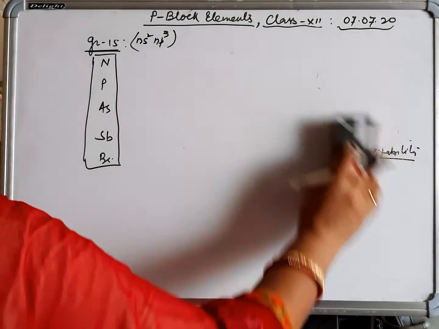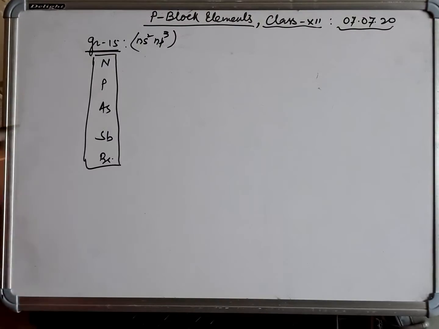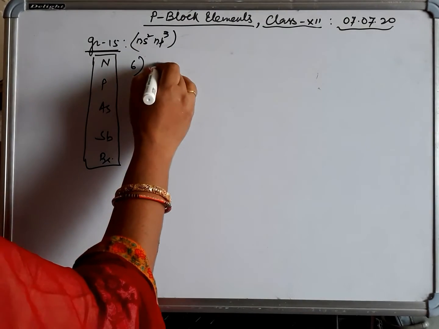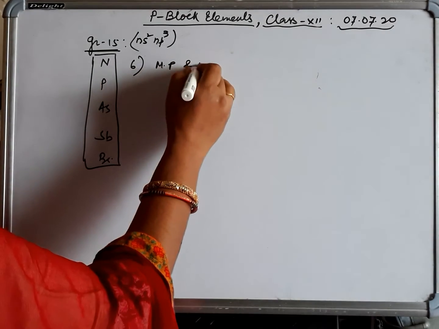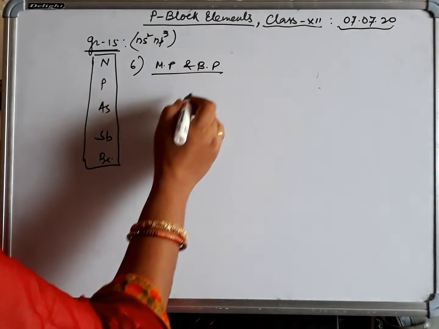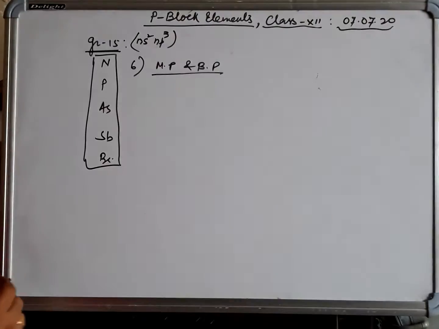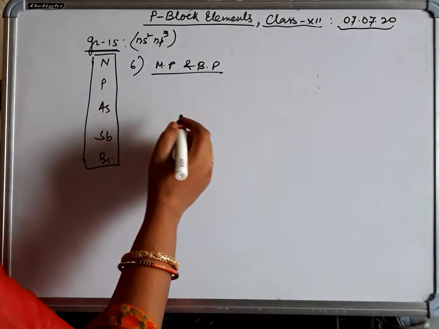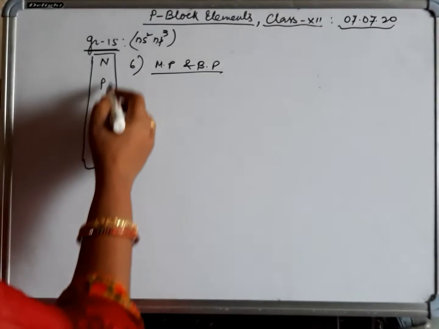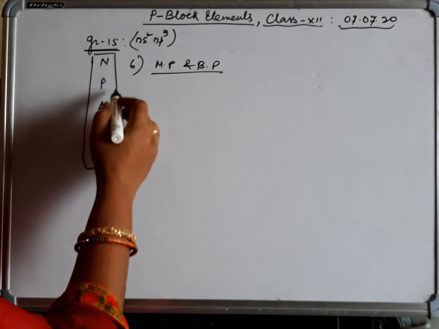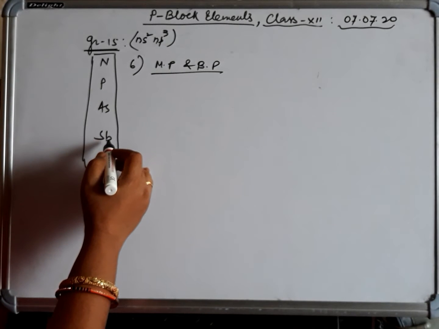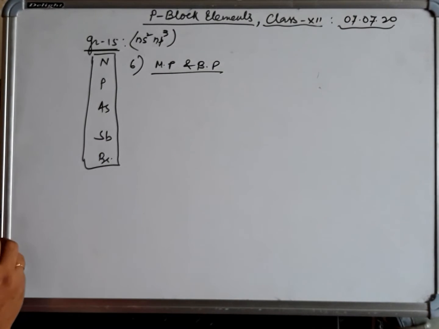Next, melting point and boiling point. Melting point and boiling point of group 15 elements. Melting point first increases from nitrogen to arsenic, and then decreases to antimony and bismuth.